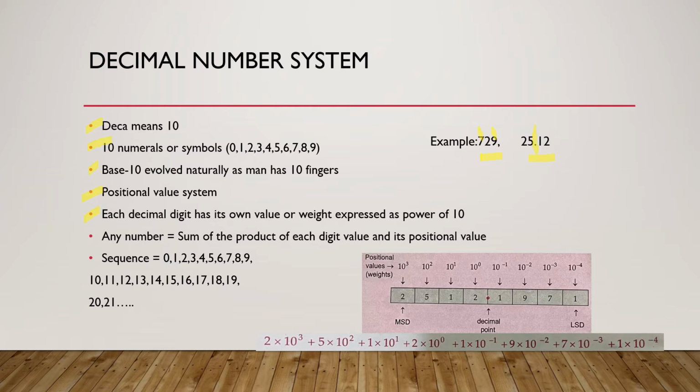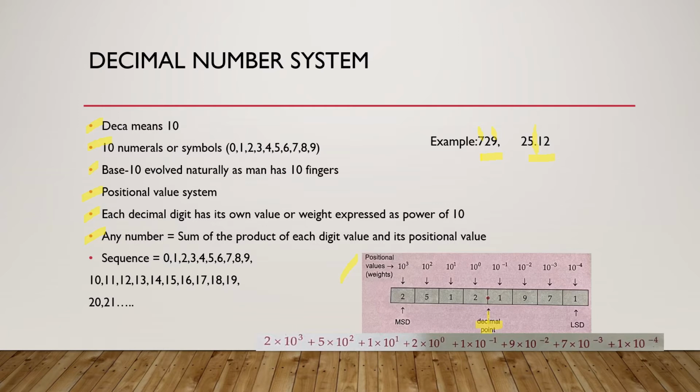Another point to be noted is that any number is the sum of the product of each digit value and its positional value. So we will take another example, 2512.1971. Here we can see that there is a decimal point which separates the positive powers of 10 from the negative powers of 10.